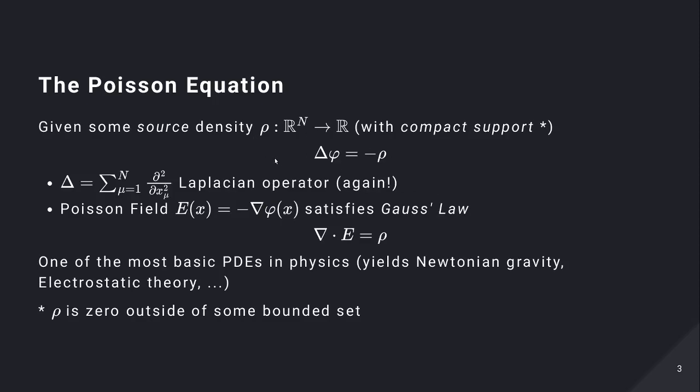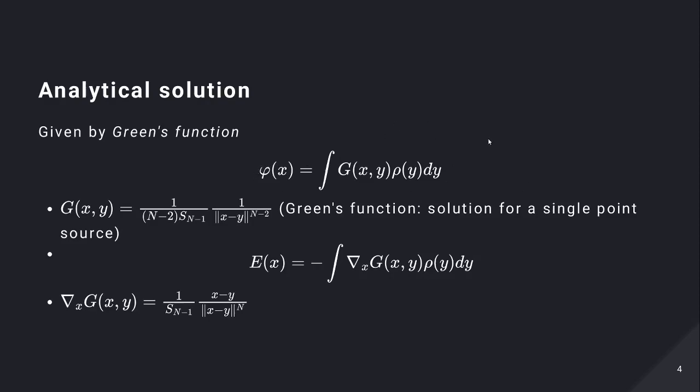Like you could say, it's just a matrix times a vector equals a vector, although here it's in infinite dimension, so it's a bit more complicated. So you could imagine, okay, if I have some idea of what the inverse of delta looks like, then I can find a solution, and this is what we are doing here, although the Laplacian is technically not invertible.